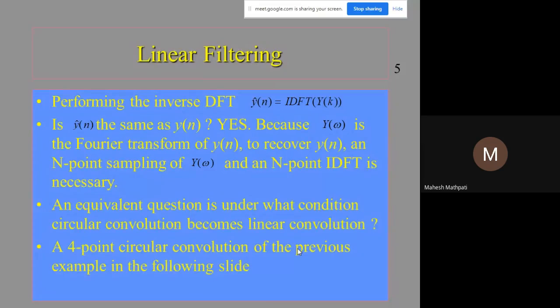Can anyone tell me under what condition circular convolution becomes linear convolution?